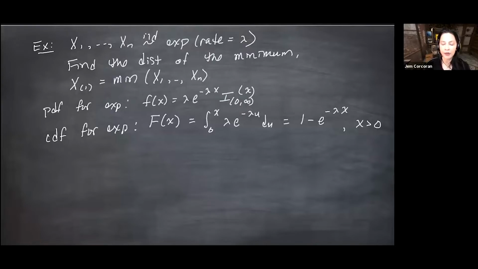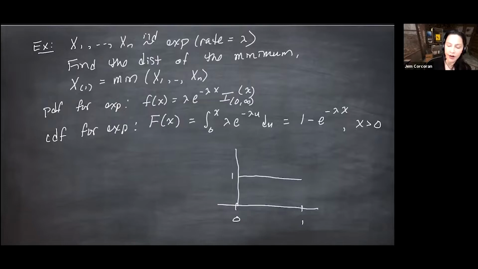As a quick example that you might not even want to write down for fear of ruining your notes, if we had a uniform distribution on the interval from 0 to 1, that means we have a flat line at a height of 1 so that the total area under this is 1. U uniform 0, 1.